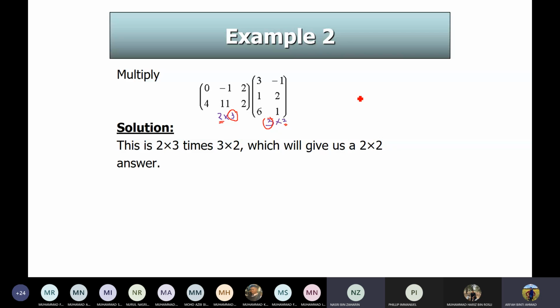Ada yang dah dapat jawapan? 11, 0, 5, 20. Ni siapa ni? Suara romantiknya. Lain dapat tak? Siapa tadi yang jawab?